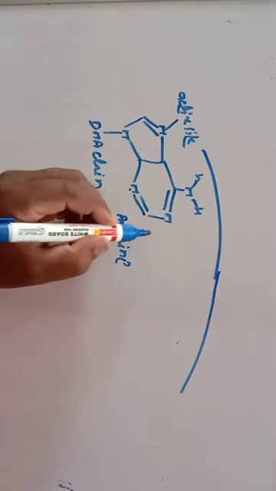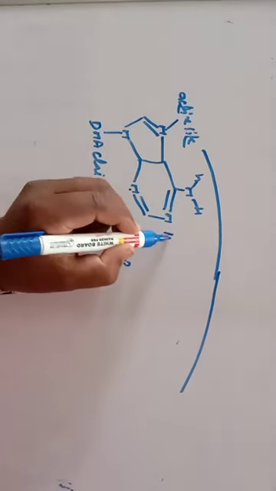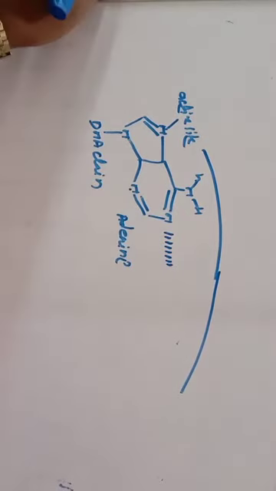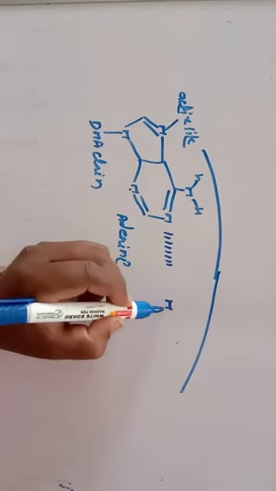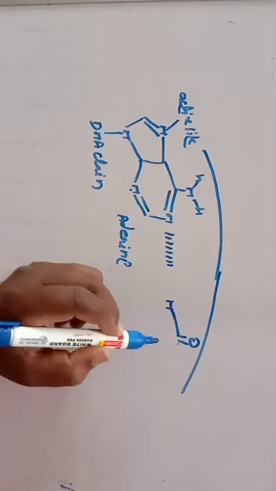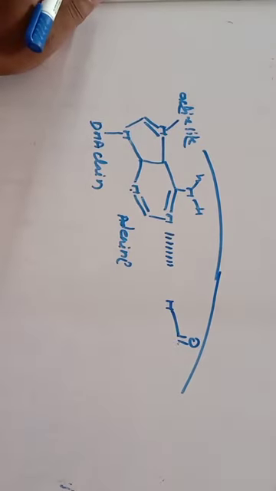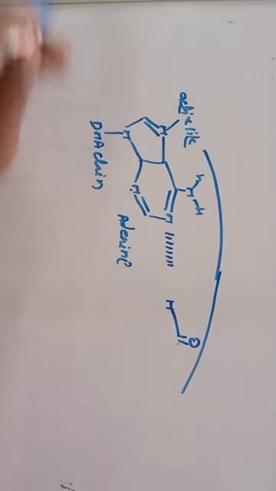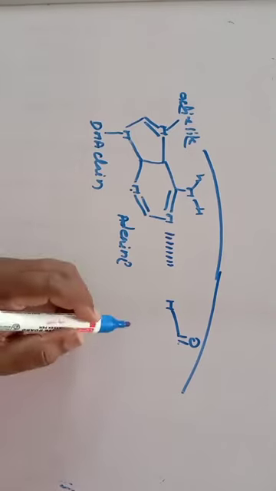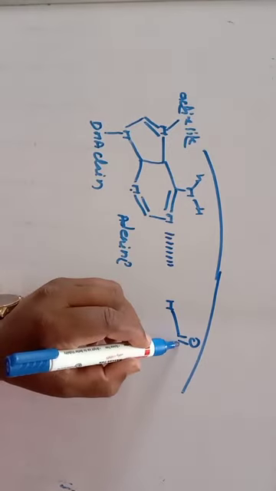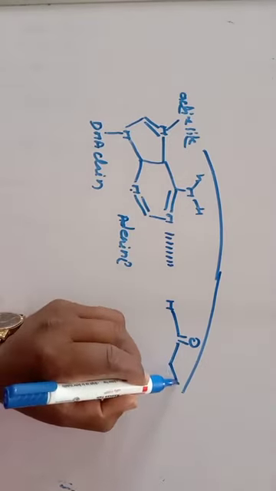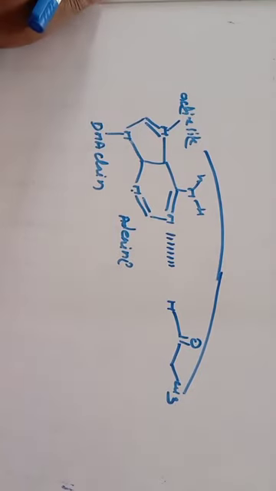So let us discuss the interaction. This is your nitrogen, double bond O. This is your CH3.